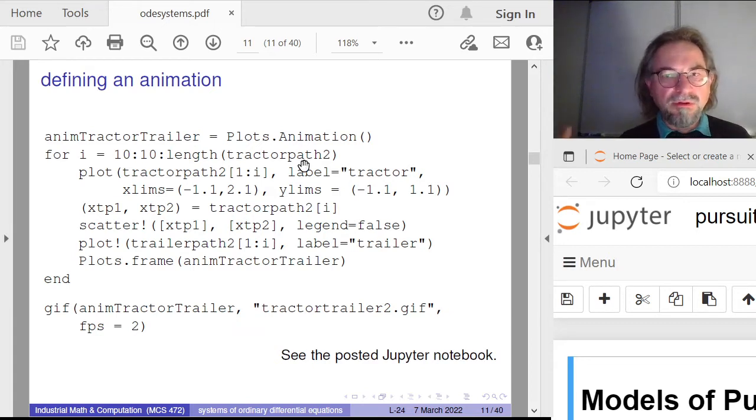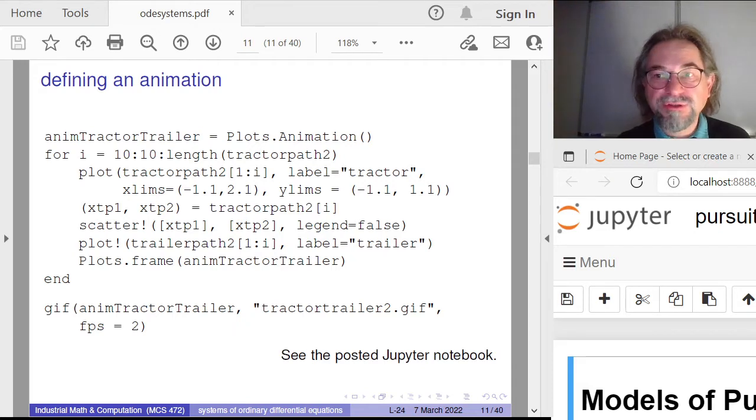That will lead to a sequence of plots that are stored in an animation. So we start by initializing an animation object, and after each plot we store the plot as a frame in the animation. Then to render the animation we make a GIF object from that, introducing the frames per second.